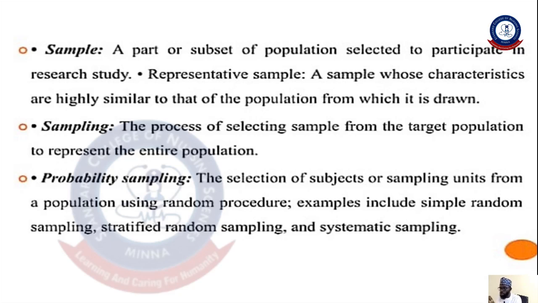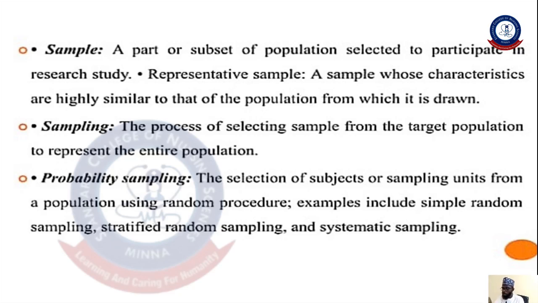So you draw this sample. So it means in your study, your focus will only be on the final year students, because they are the ones that have the characteristics of what you want to study.